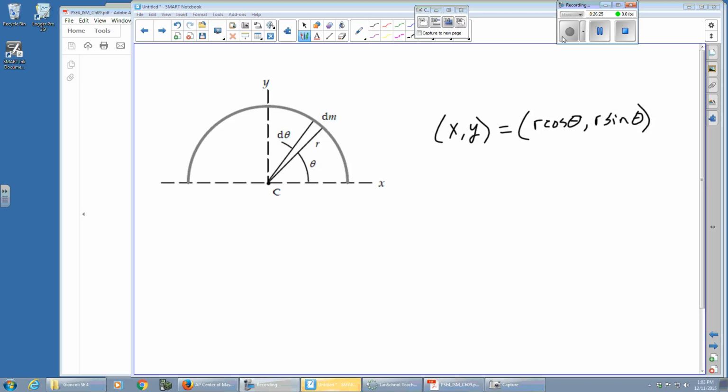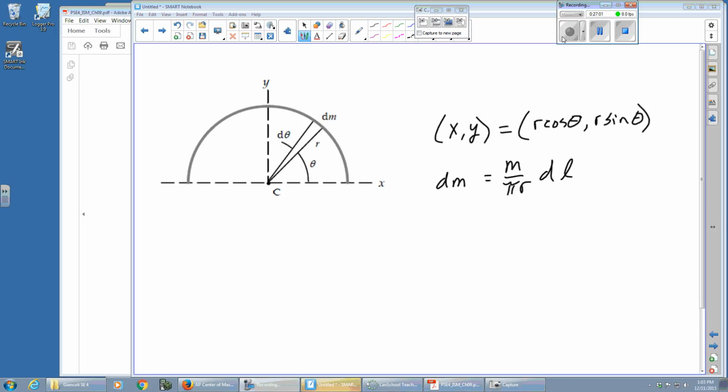Symmetry tells us we don't have to worry about the x, it's in the center. If this was a solid, we could look up where it is on this half circle. But since it's not, the dm here will be m over pi r times dl, where dl is the width of that piece.